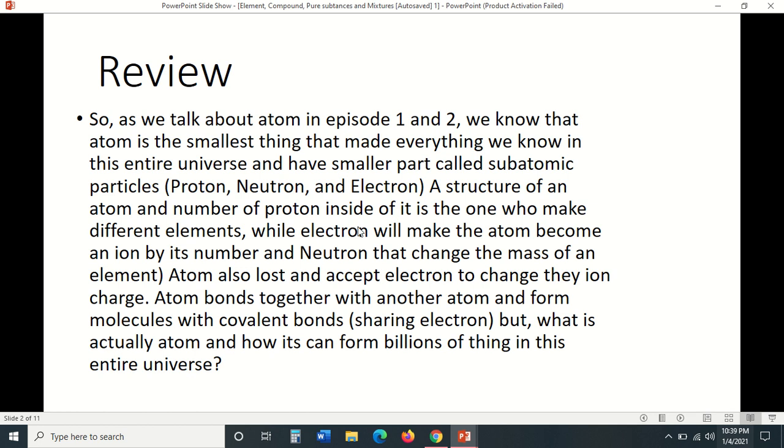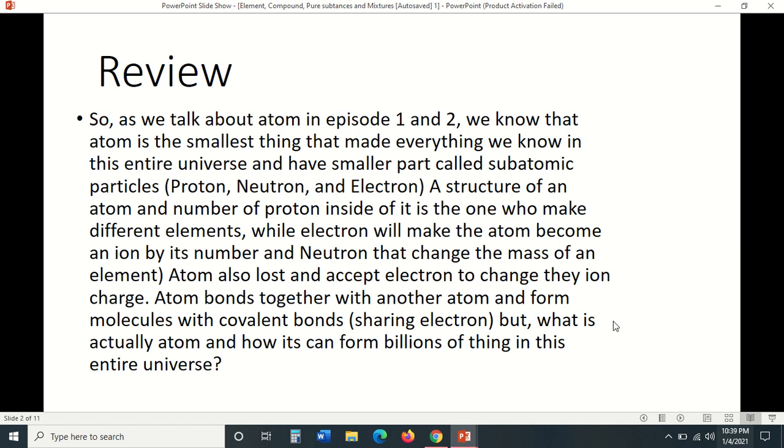In a hydrogen atom there is just a single proton and an electron.